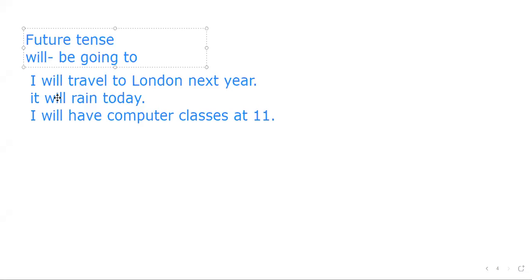Prediction: it will rain today. And also, I will have computer classes at 11. Those are plans, okay? Will is used for promises, for plans, or for future predictions, okay?